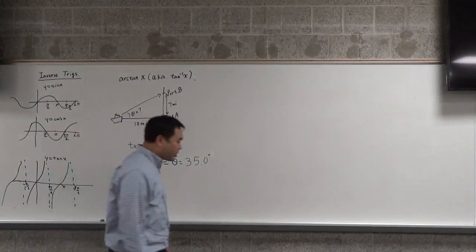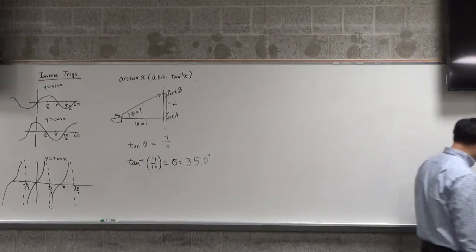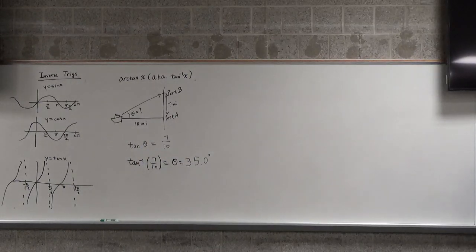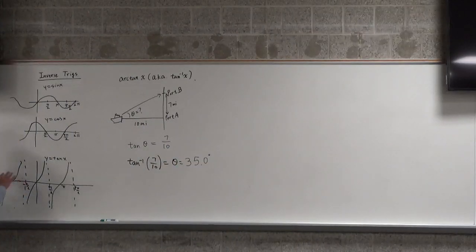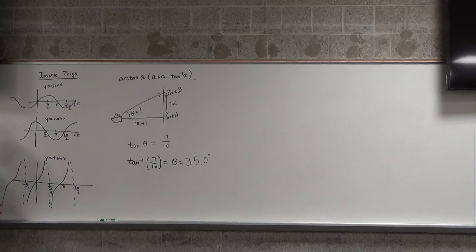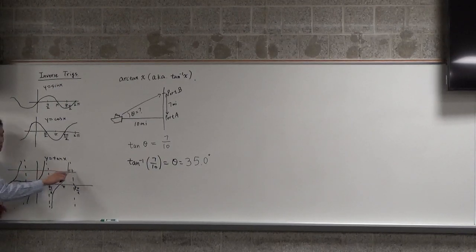So this is all good. However, there's something strange going on here, because if you knew the graph of tangent, you know that this shouldn't have an inverse function, because it doesn't pass the horizontal line test. Why is it bad to fail the horizontal line test?